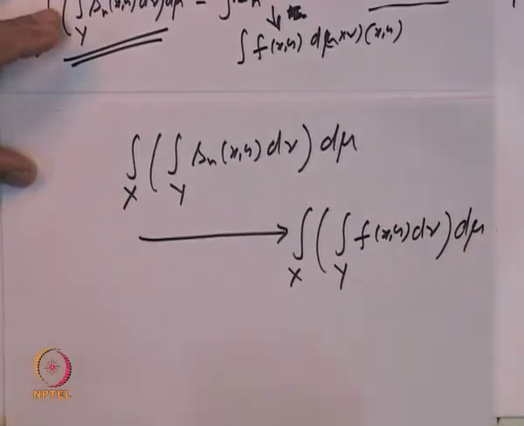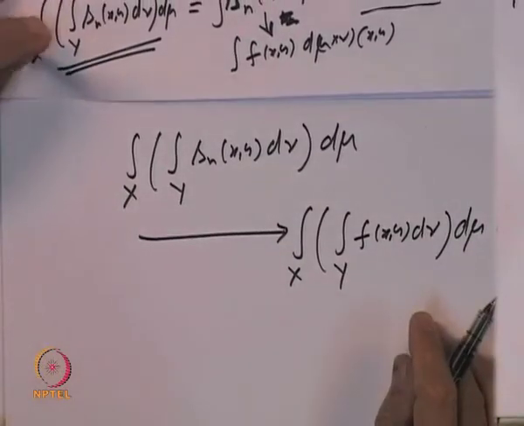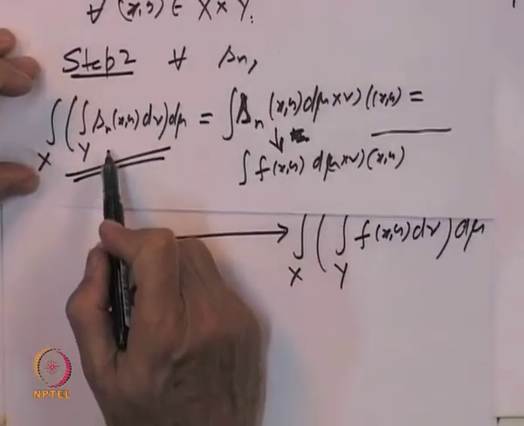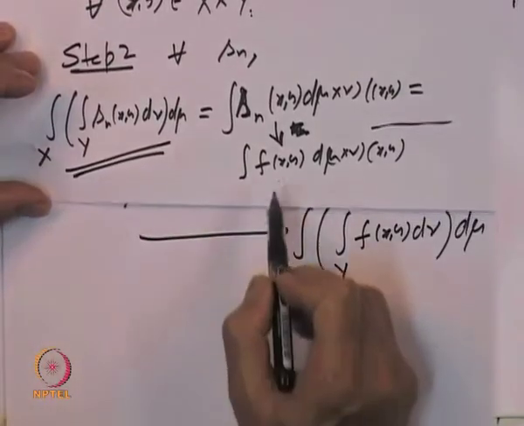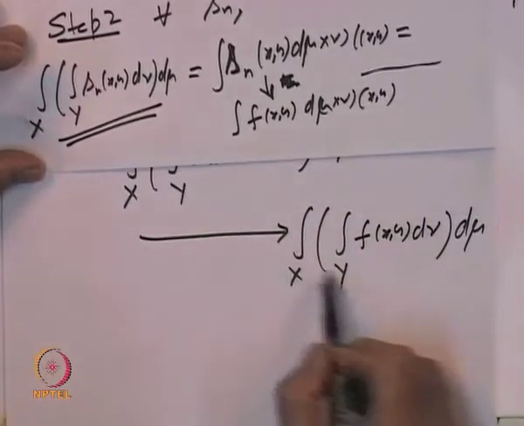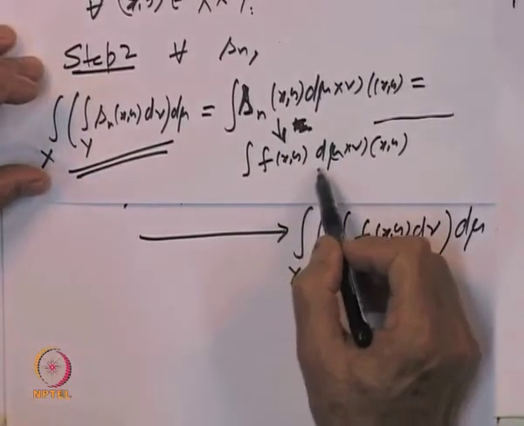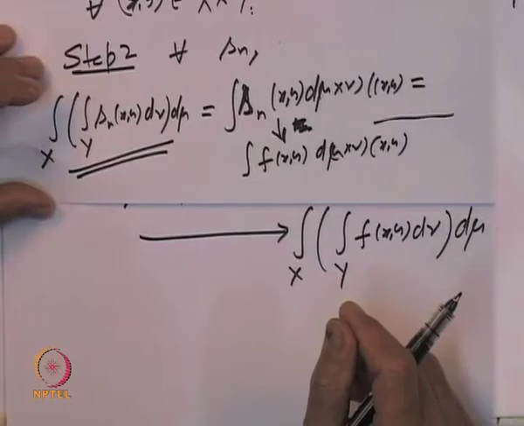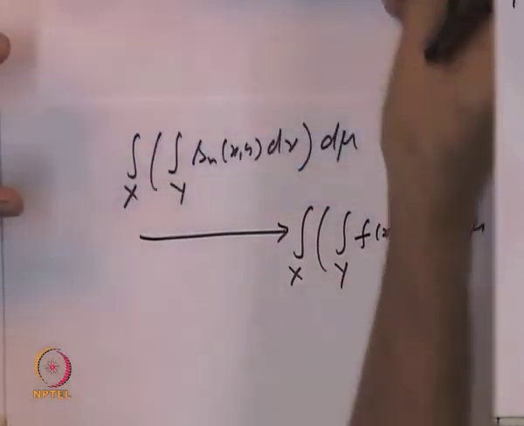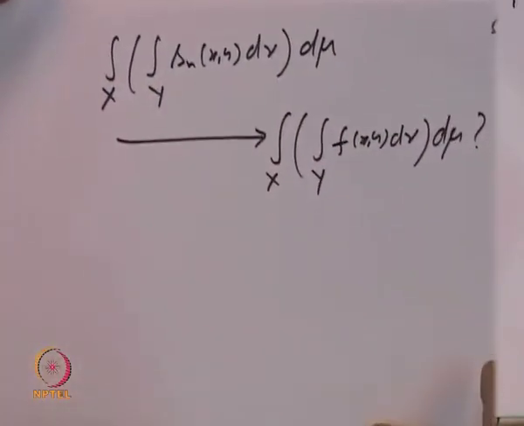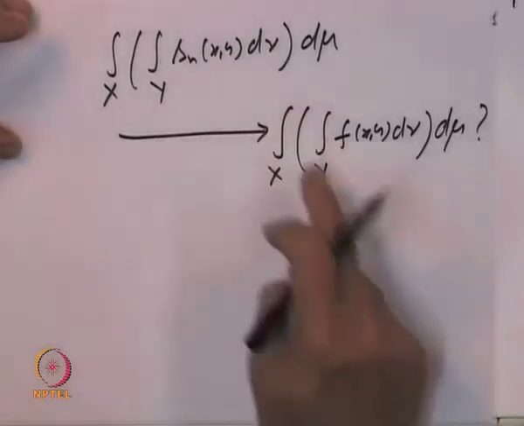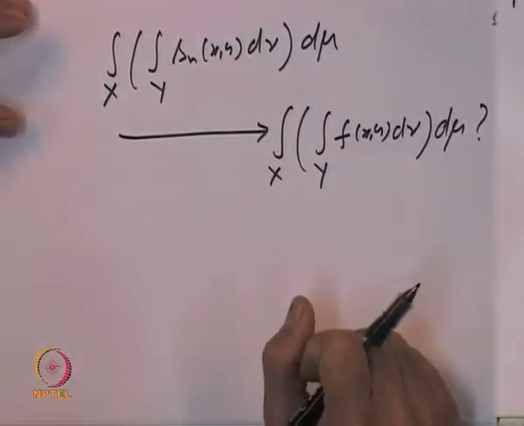Once that is shown, on one hand this converges to this iterated integral, on the other hand it converges to the integral of f. So, these two will be equal and we will be through. So, let us try to prove that this iterated integral converges to this iterated integral.